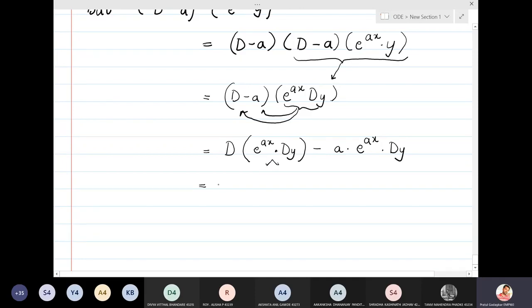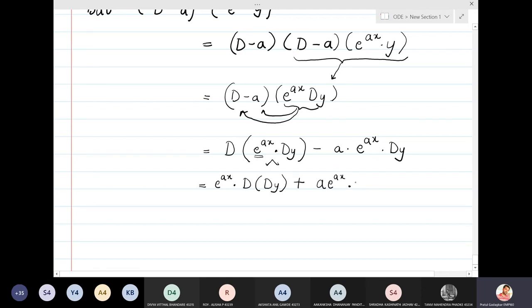So first function as it is into the derivative of the second function, the second function is dy, plus the derivative of the first function. What is the derivative of e raised to ax? a e raised to ax into the second function as it is.